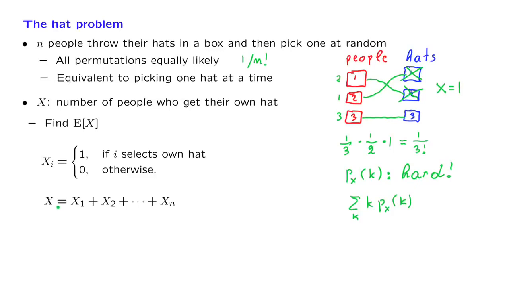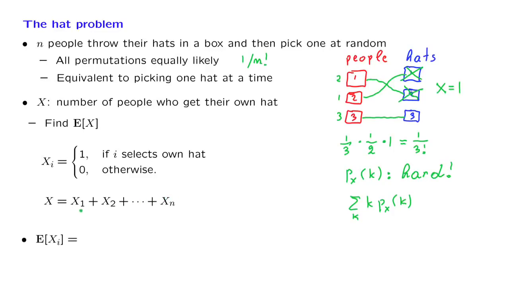This makes things easier because now to calculate the expected value of x, it's sufficient to calculate the expected value of each one of those terms and add the expected values, which we're allowed to do because of linearity.